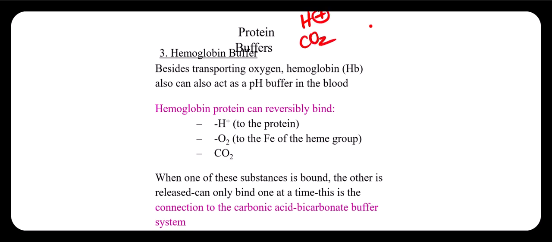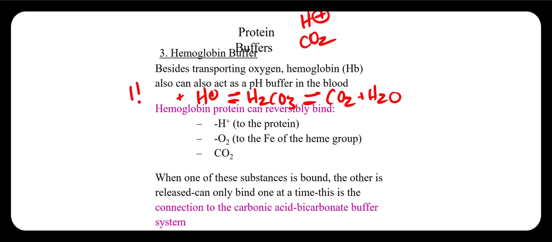Oh, interesting. Well, let's talk about something. Remember we had this equation. I have my carbonic acid. It can dissociate into carbon dioxide and water. It can dissociate into hydrogen ions and bicarb.